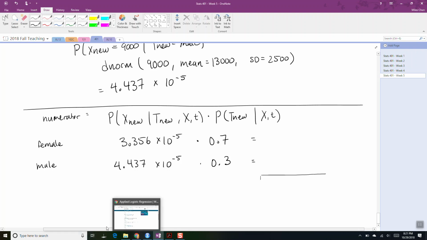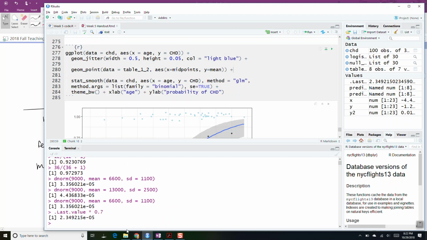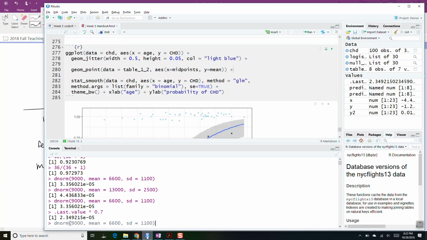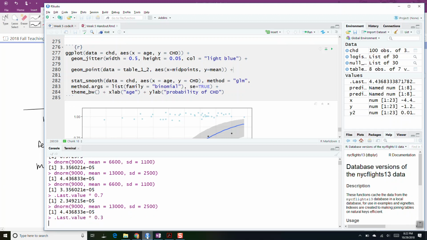You know what? I have the calculator here. Okay, so we'll do this, and I do last value times 0.7. Okay, I get 2.349 times 10 to the minus 5. And then over here, I'll do last value times 0.3.